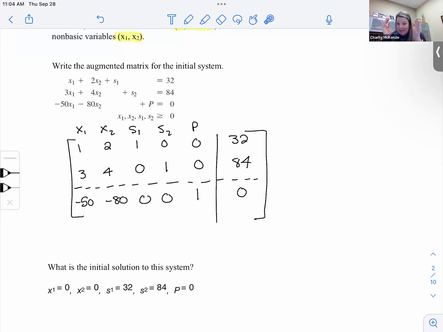What I mean by that is this column right here has only ones and zeros. So we go across from the one, ignoring everything else, and we say right now that slack variable is worth 32. Slack 2 is worth 84.